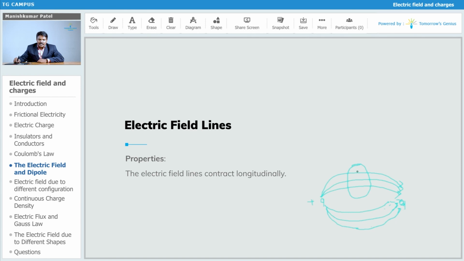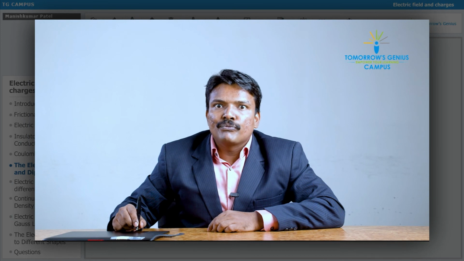That's why in this region they exert pressure on each other, and when they are about to reach this minus q, they contract longitudinally. So these are two very important properties of your electric field lines. These are all the properties of electric field lines.